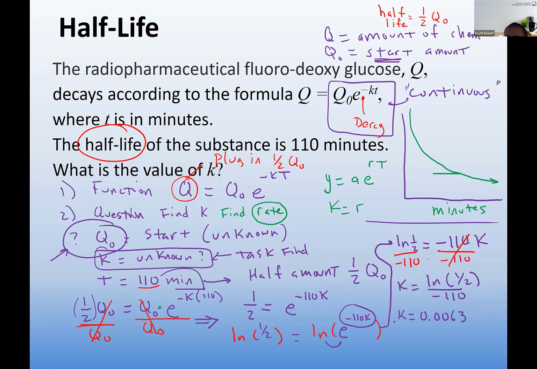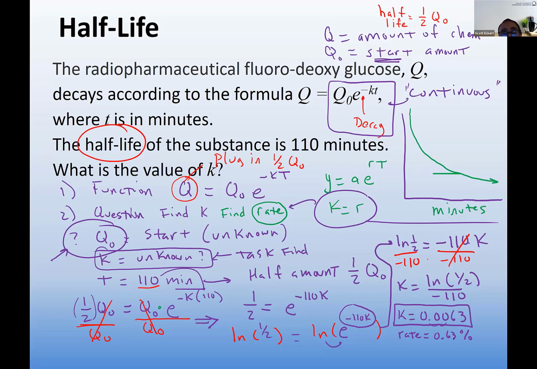Now, what does this mean? What is K? We did all this work. What does K mean? Decay rate. That's correct. K is the decay rate. It is the rate. Now, if I want to find the rate, I'd say it as a percent. So if we divide by 100, we're going to move the decimal twice. So the rate equals 0.63%.